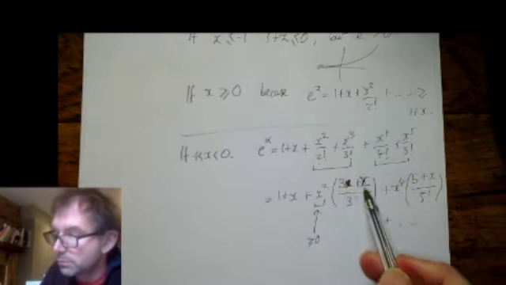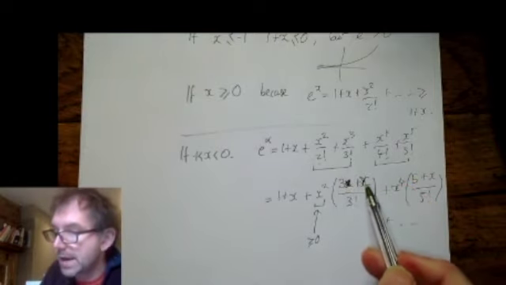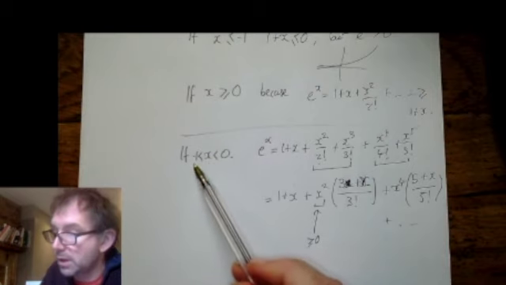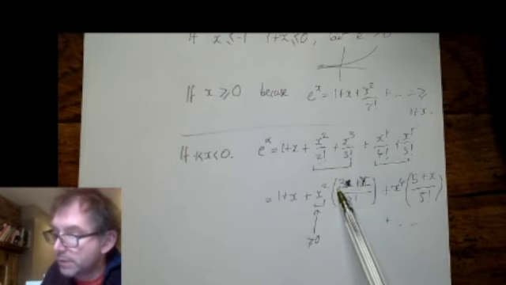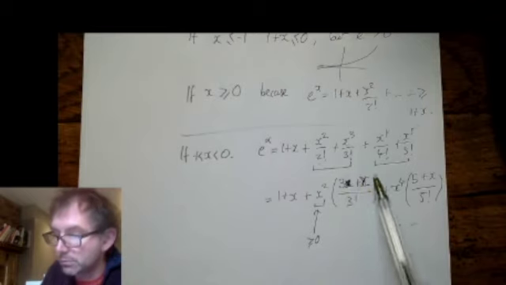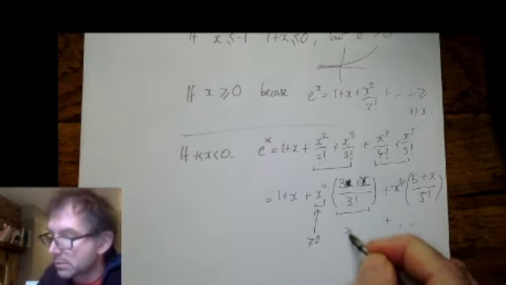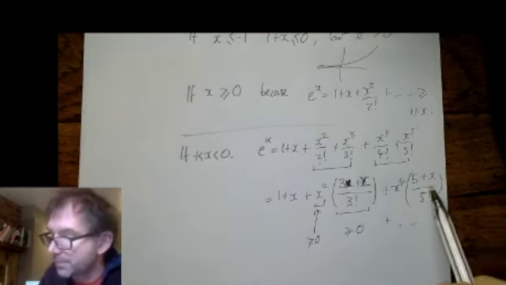If you look at the numerator in this fraction, because x is always bigger than -1, the 3 is always going to be bigger than the magnitude of x, and so this is also going to be bigger than or equal to 0.